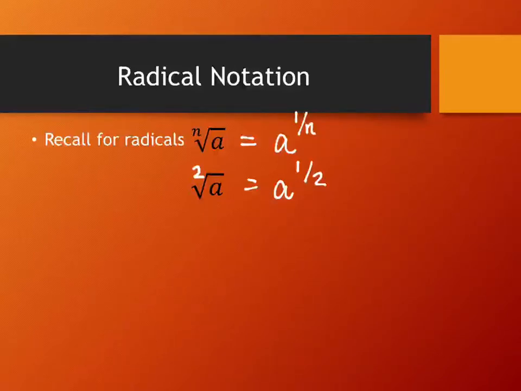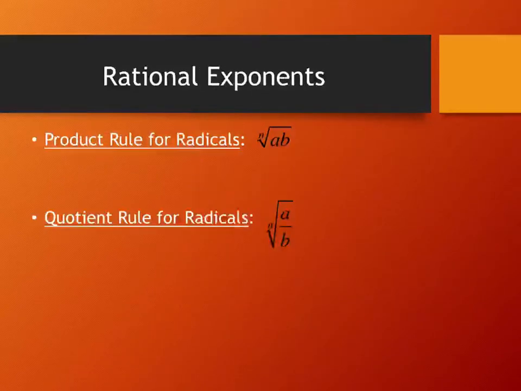There are two product rules that come about very nicely from this for radicals. One of them talks about what happens when I have an index where there's multiplication underneath, right? A times B. I can actually separate those into individual radicals if that's more helpful to be used in that way.